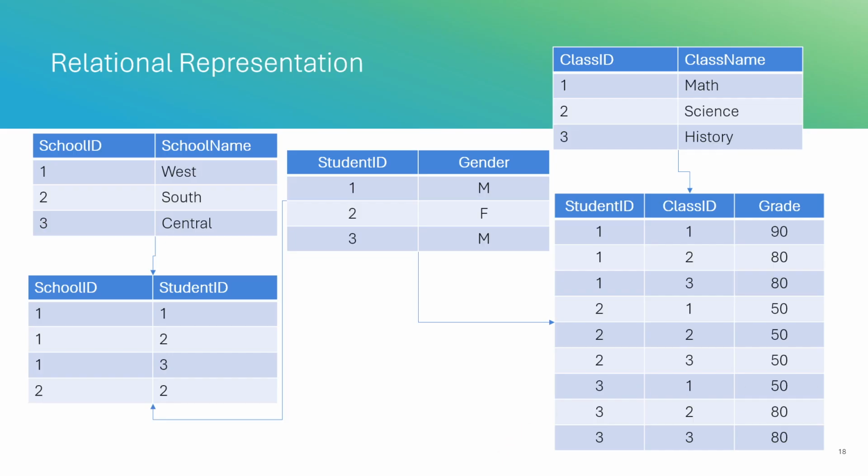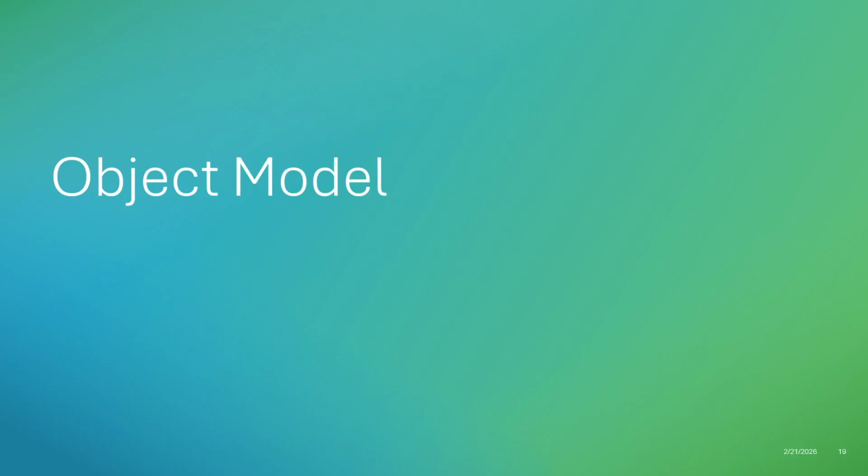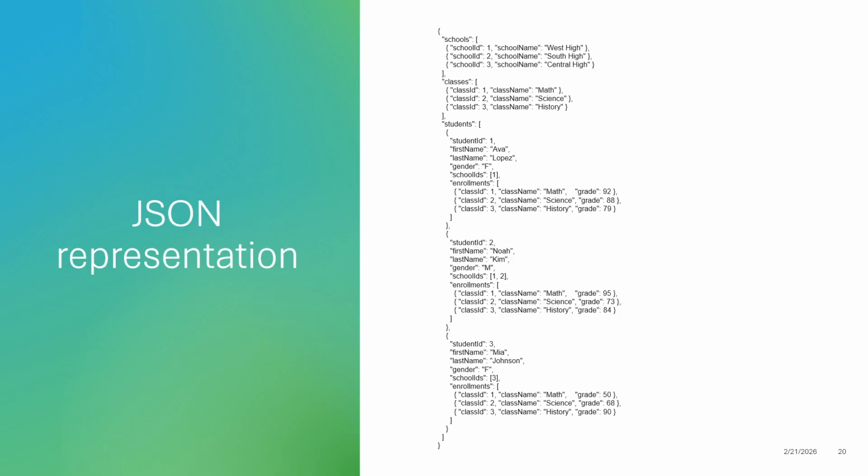Nowadays, we also find the object oriented model, and one of the most common representations is JSON. It is a notation that's inspired by Java. In this case, we can see how we create a collection of schools, a collection of classes, and a collection of students.